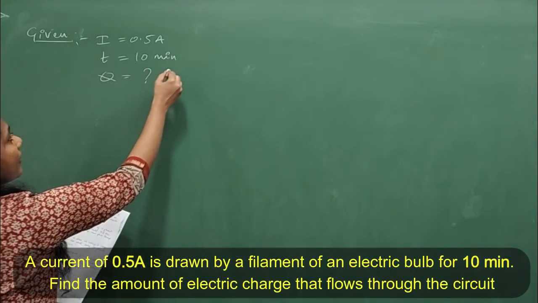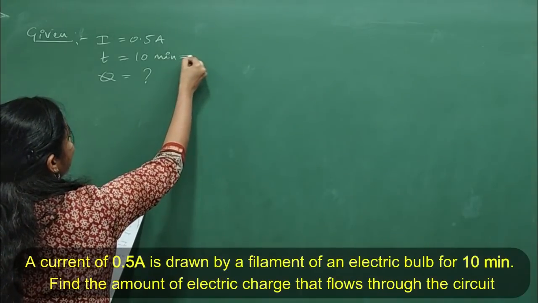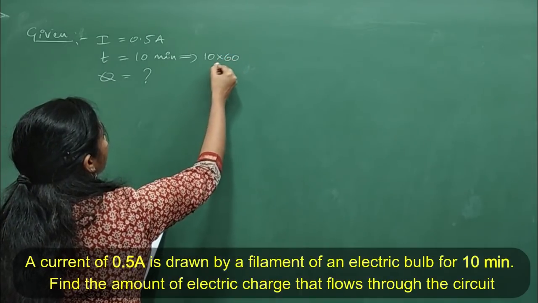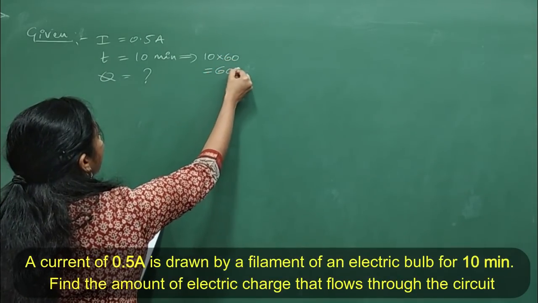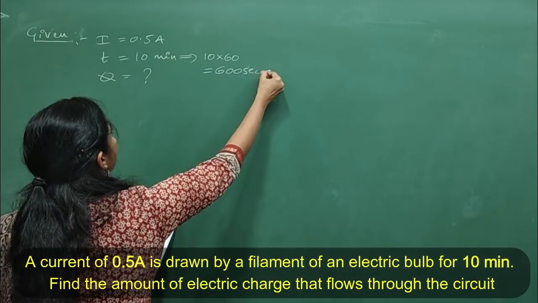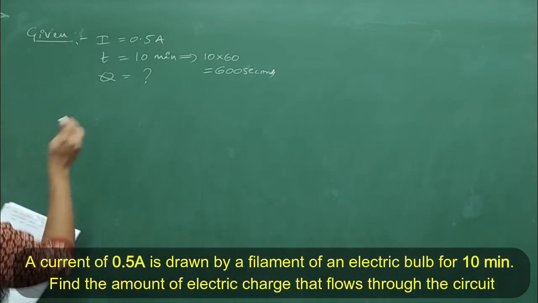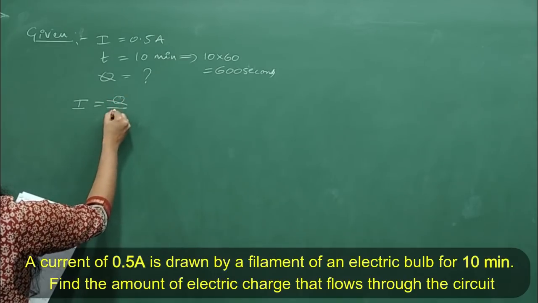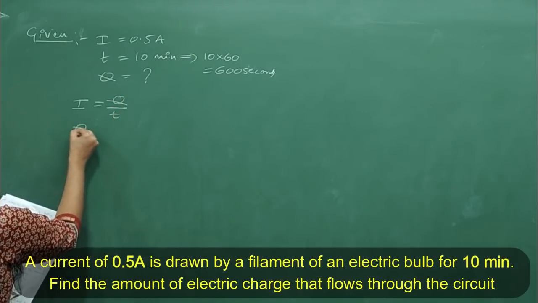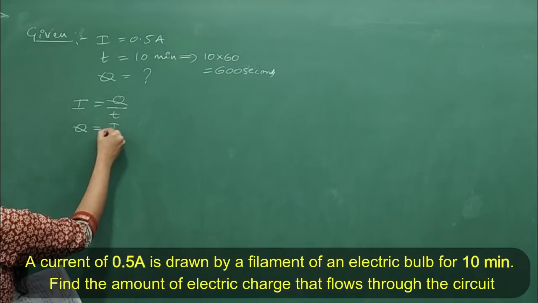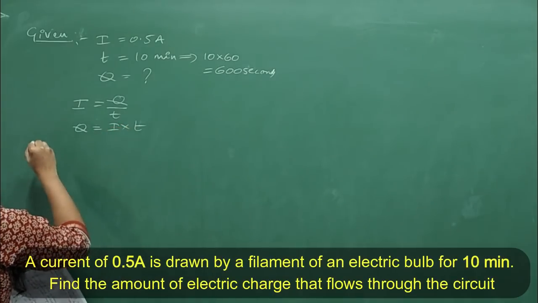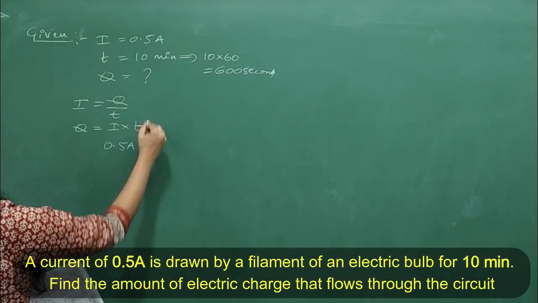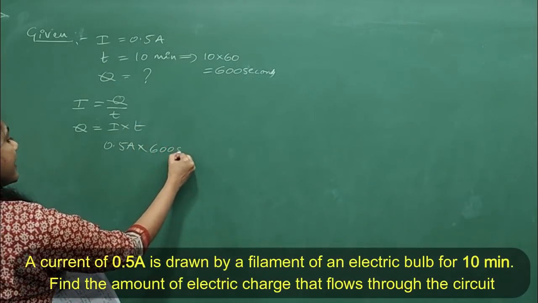Fine. Okay, convert the time into seconds here. So how do you convert? 10 into 60, if you do, you will get 600 seconds, isn't it? So this is time in seconds. What is the formula you have? I is equal to Q by T. So if you want to calculate Q, Q is equal to I into T. So what is I? 0.5 amperes into time is 600 seconds.